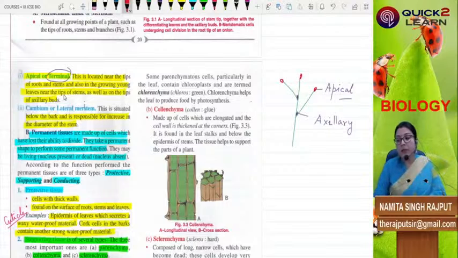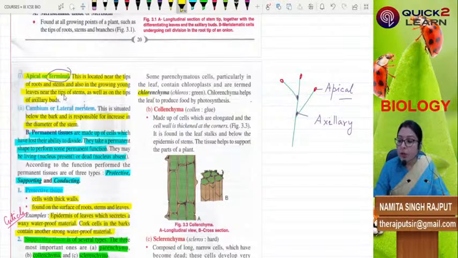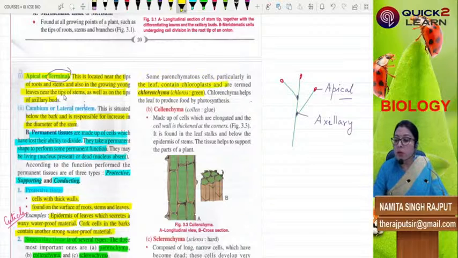Then parenchyma cells can also be of two types. In your book only one type is mentioned, that is Chlorenchyma. Those parenchyma cells which contain chloroplast are known as Chlorenchyma cells. That is, in a leaf, if parenchymatous cells contain chlorophyll, then they will be called Chlorenchyma.